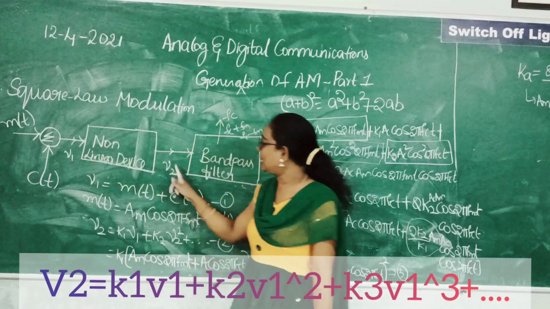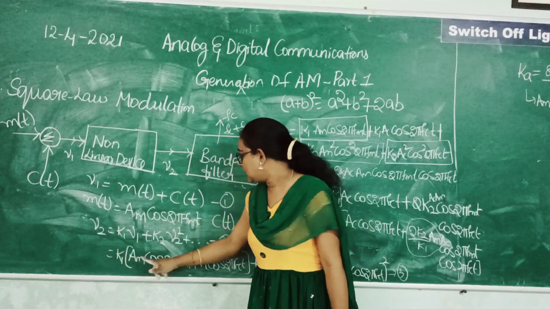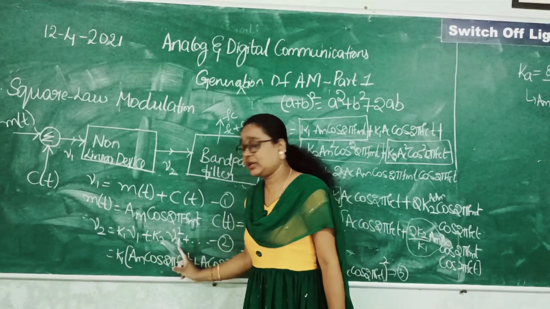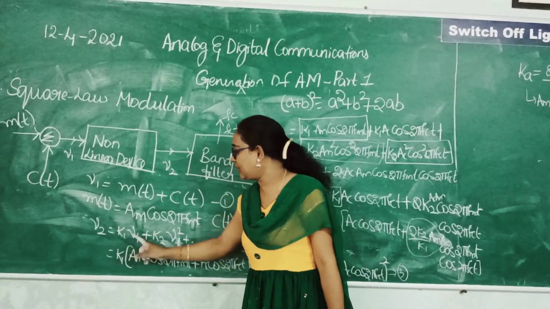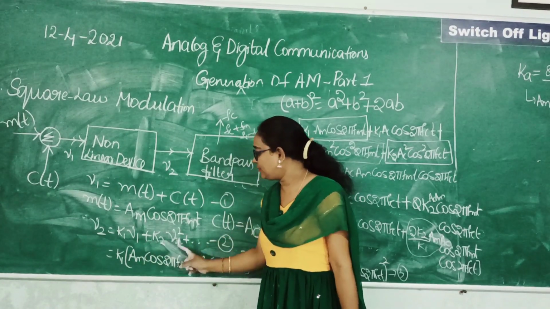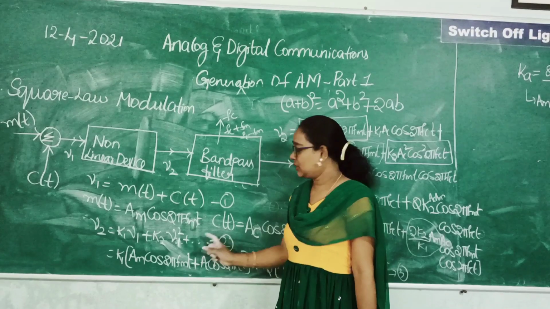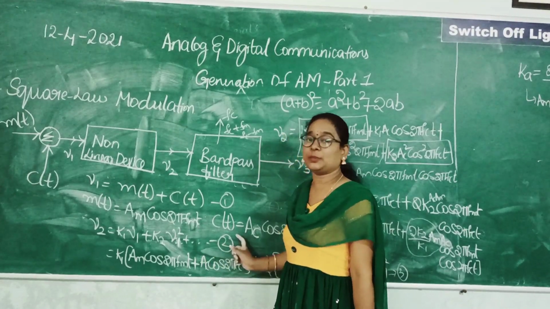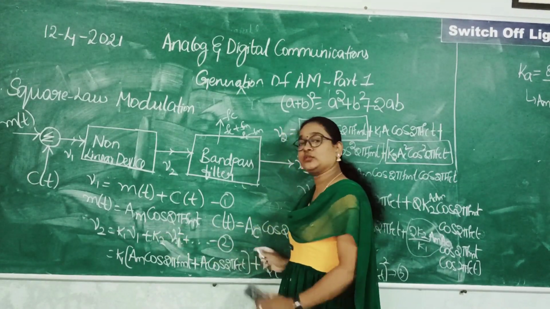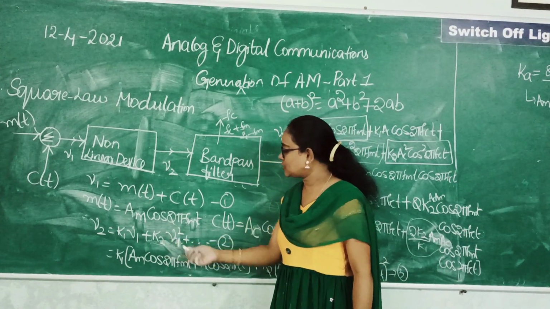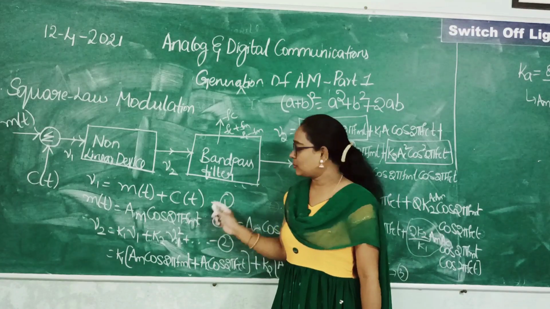So this V1 becomes the equation K1 V1 plus K2 V1 square, next K3 V1 cube, next K4 V1 to the power of 4. Likewise we are going to have all higher order nonlinear terms. We are going to consider the second order harmonic terms.